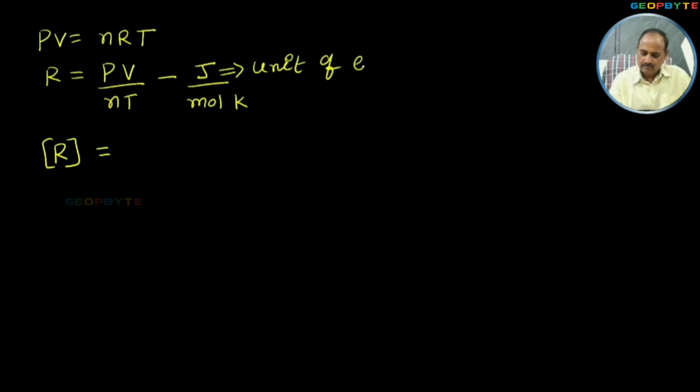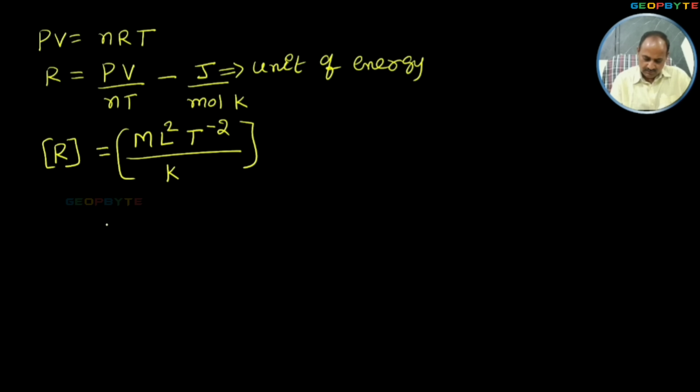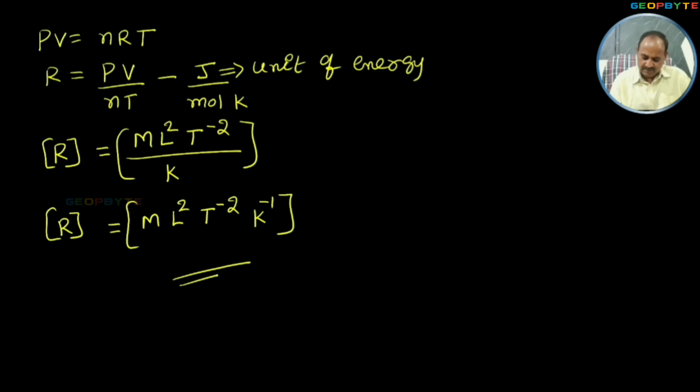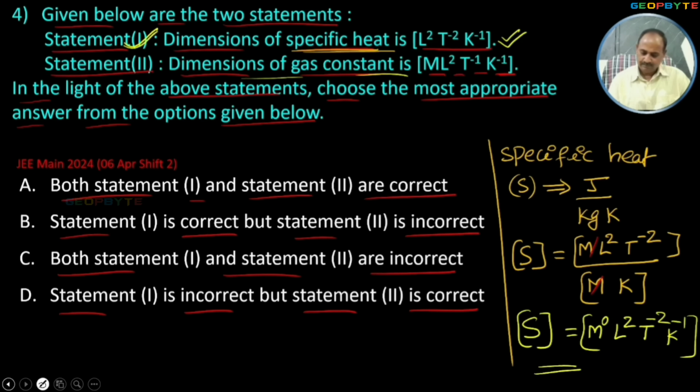So energy unit is M L square T power minus 2. Mole has no dimension, Kelvin. So it is equal to M L square T power minus 2 K power minus 1.